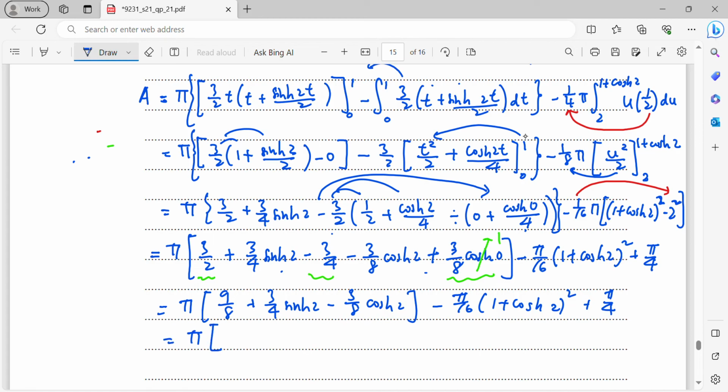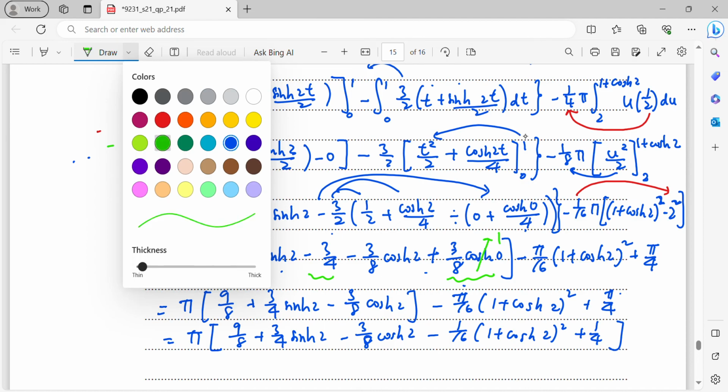Then the rest, right? Once I've taken out pi, I will get 9/8 plus 3/4 sine 2 minus 3/8 cos 2. Minus, here I get 1/16, 1 plus cos 2 squared. When you factorize the pi, I get 1/4.